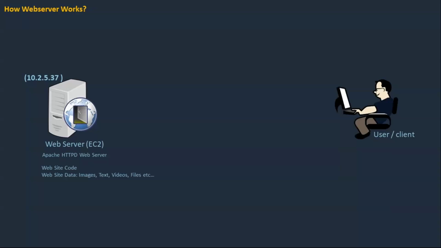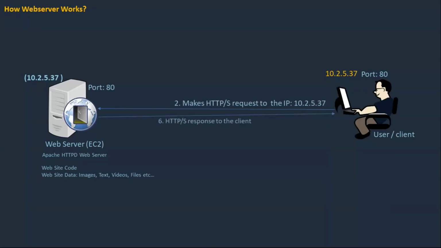Then your EC2 server will have its own IP address, right? So whenever the client sends a request to that particular IP on port number 80, the request will go to the server. The server will respond back. Then your website will be loaded there. Good with this? Now we'll get into the implementation part, guys.